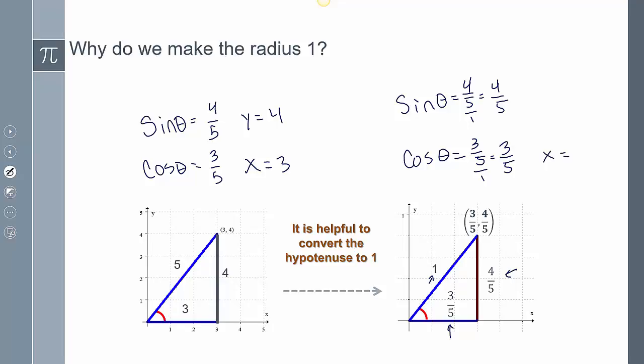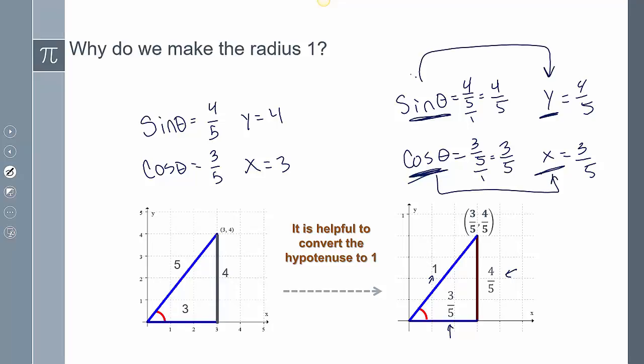Well, my x is 3/5, and my y is 4/5. If you notice, my sine value is the same as my y value. My cosine value is the same as my x value. So because my radius is 1, now I can make the assumption that those are equal and those are equal. And this is kind of like showing that.